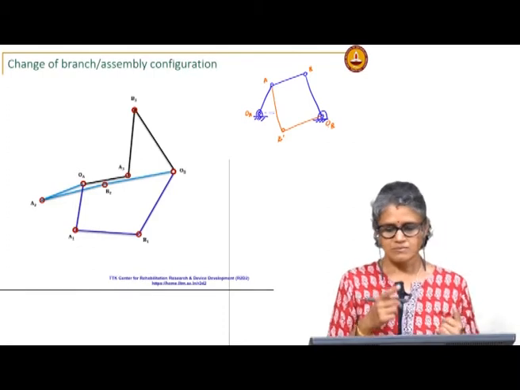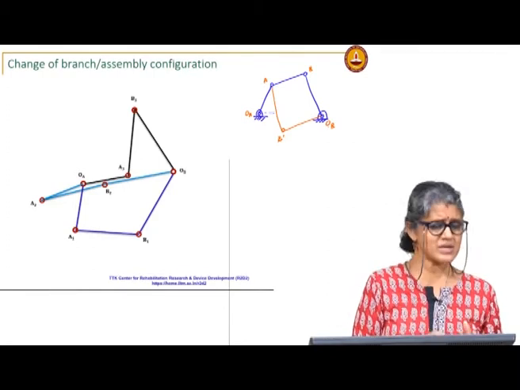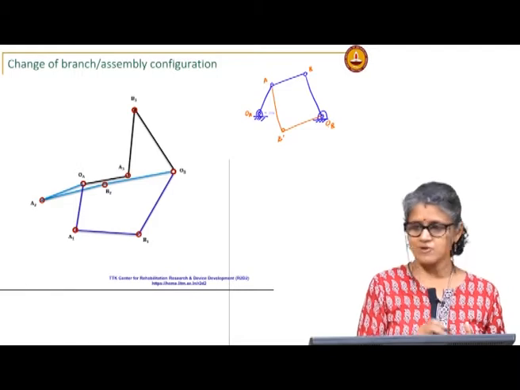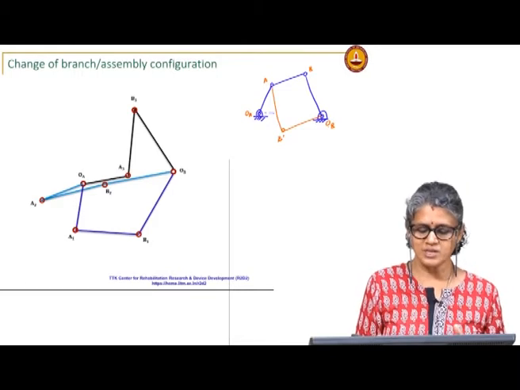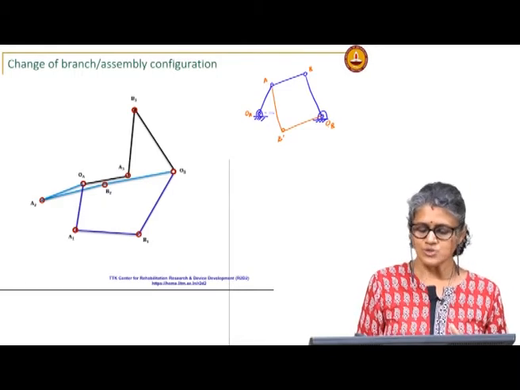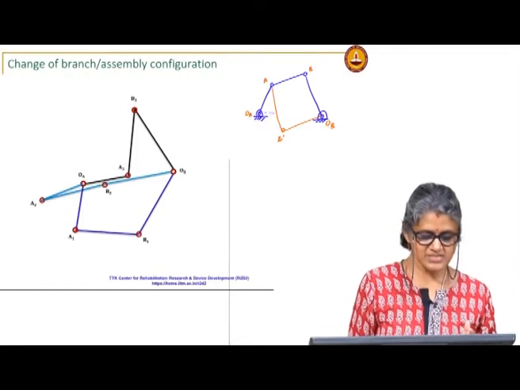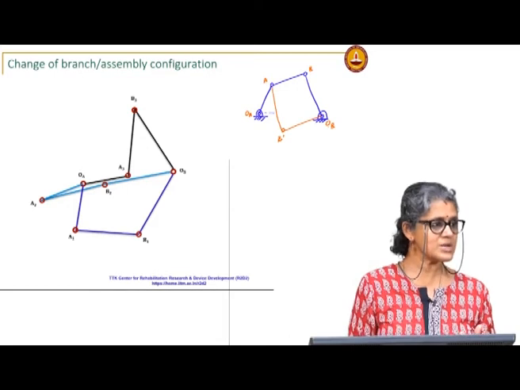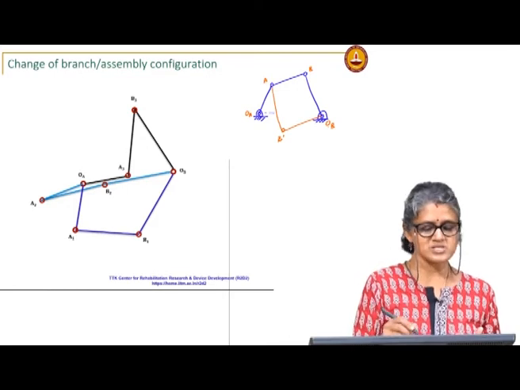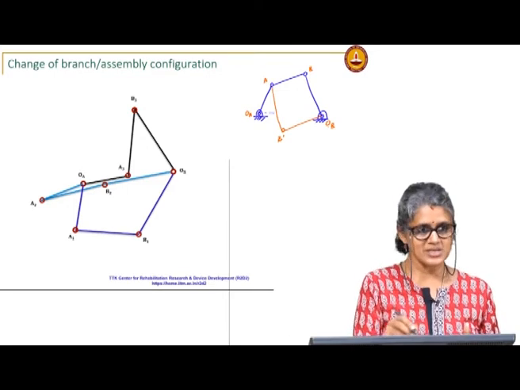So, one way is to actually make a model and try to find whether it moves to all 3 positions. The other thing you could do, which is kind of easier to do when you are doing graphical synthesis, is to basically assemble the linkage in the 3 positions.